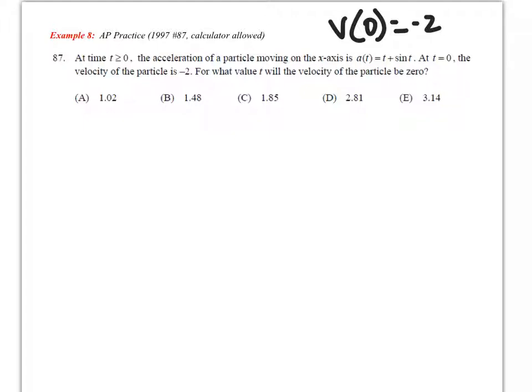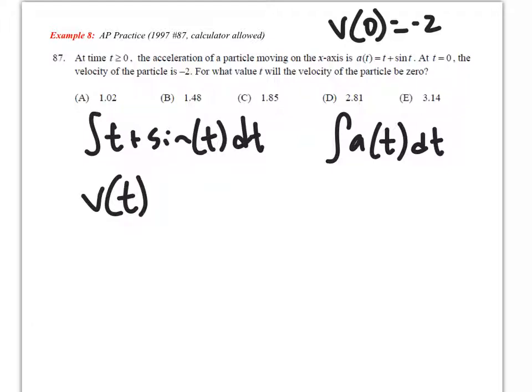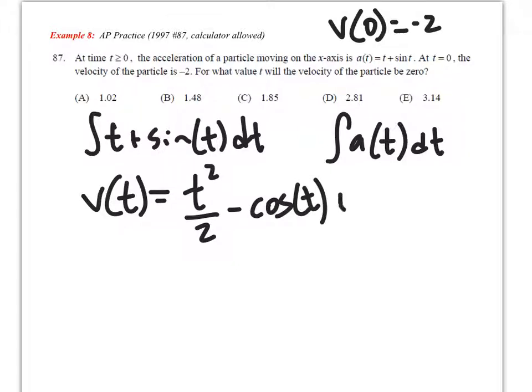Alright, so let's take the integral of t plus sine t dt. That's the integral of our acceleration function with respect to t, and that should give us our velocity function. Our velocity function would be t squared over 2 minus cosine of t plus c.